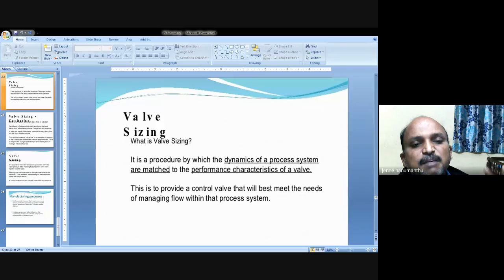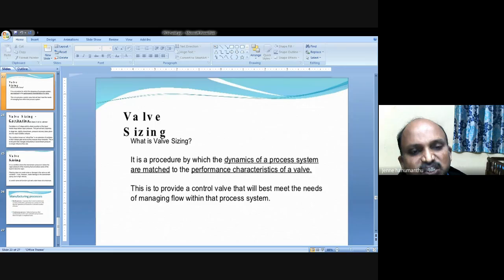So that's about valve sizing. Strictly speaking, what type of input we are applying, what you are going to permit through the control valve, depends upon the sizing. If it is liquid, you select one inch of control valve. If it is gas, you select another inch of control valve.